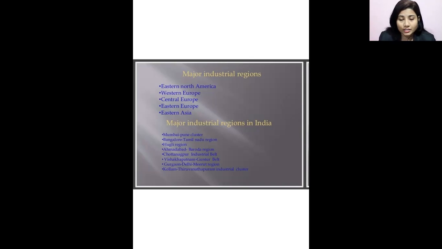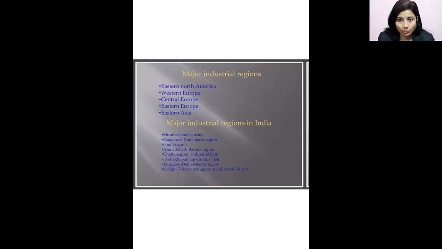Facilities such as water supply, flat lands, labor, transport facilities, and closeness to markets. All these amenities and services were there, and such regions have developed a cluster, and these are the areas called industrial regions.